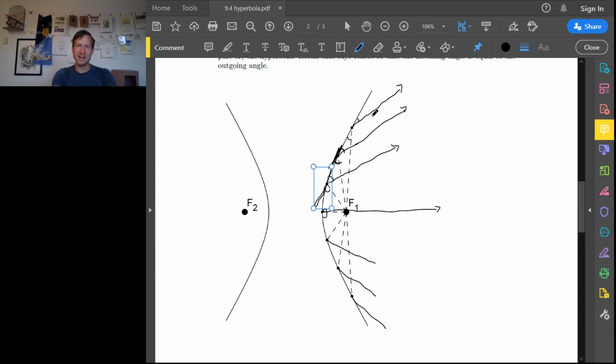So comparing all the reflected rays to the focus f2, it looks like, well, let's see. If we back up this first reflection, it looks like if you back it up, it would go to f2. And the second reflection, it looks like it also, if you back it up, is going to f2. And same for this one. It looks like it's actually the same for all of them.